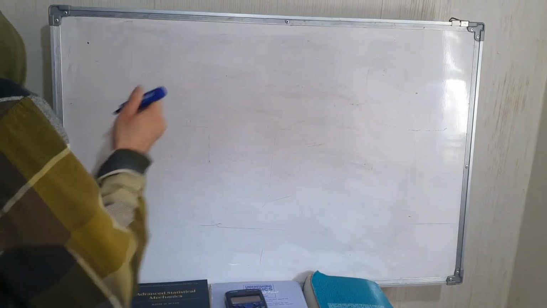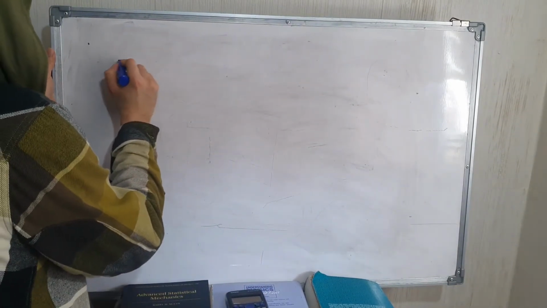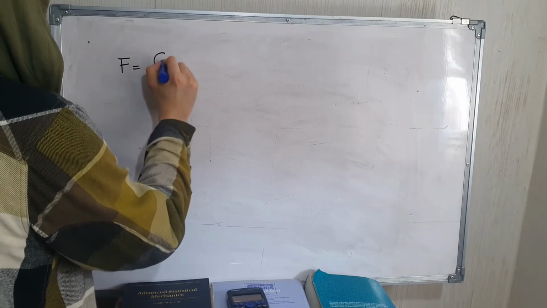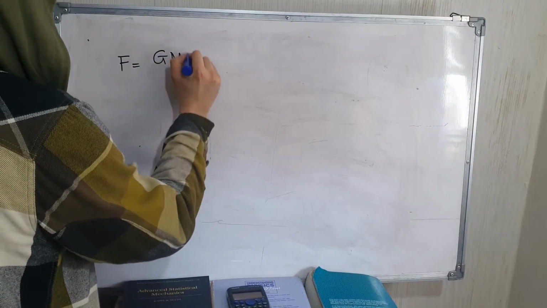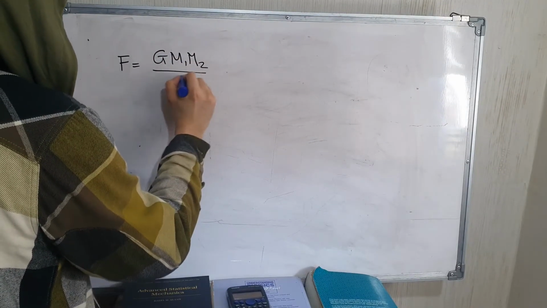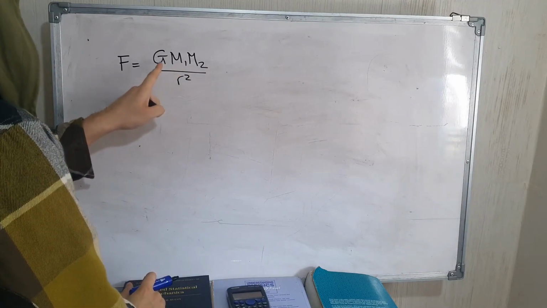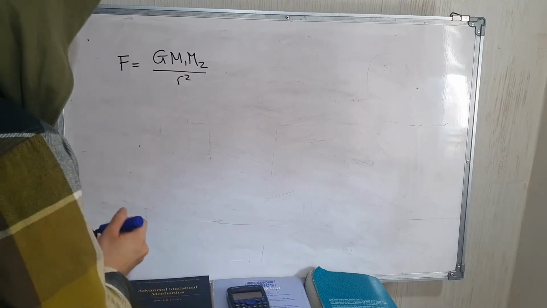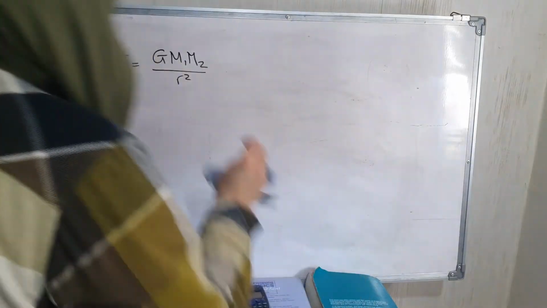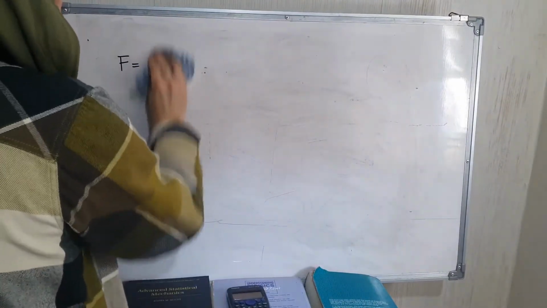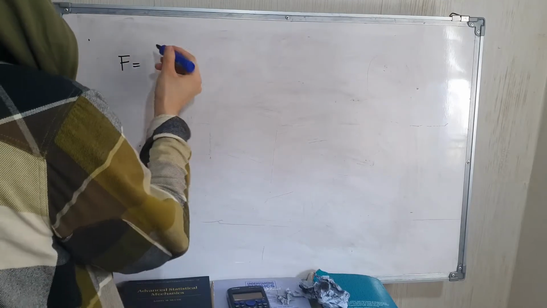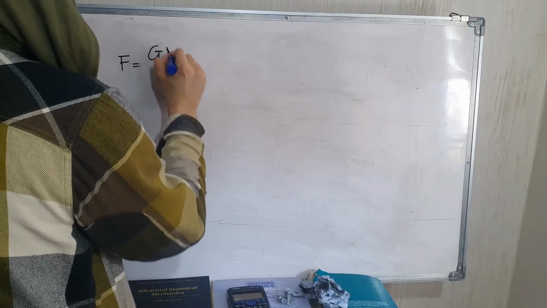Now, what is Newton's law of gravitation? It's the product of the masses times a constant divided by r squared.